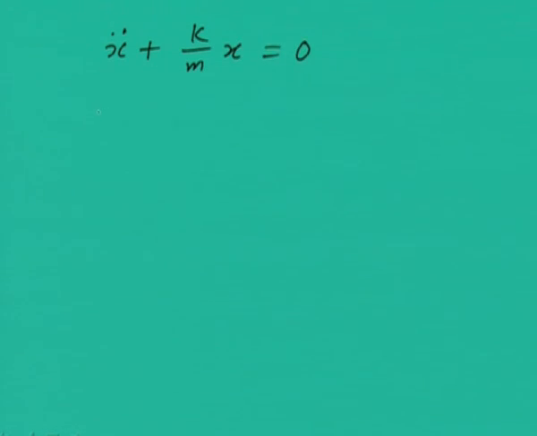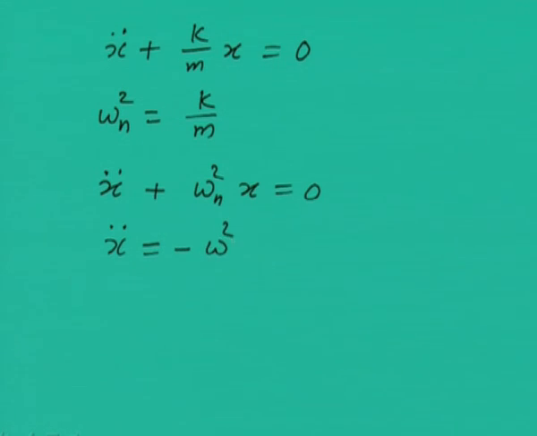Generally we express k by m as omega square, omega n square. So with this we will have the equation as this, and you can see that now acceleration is proportional to the displacement.